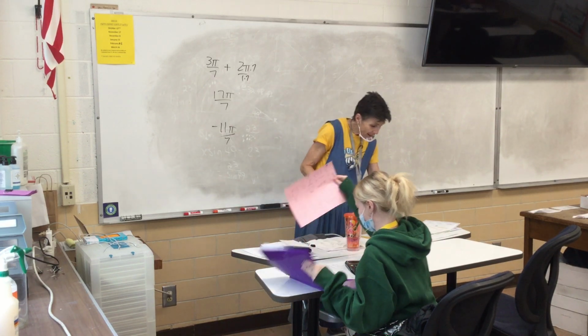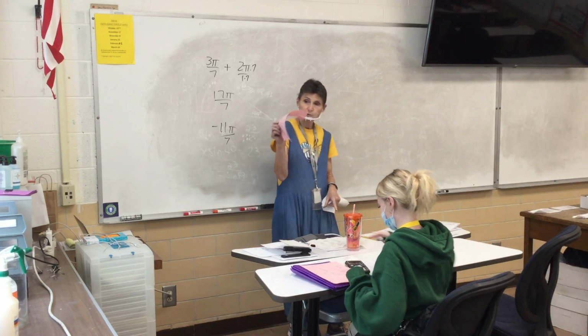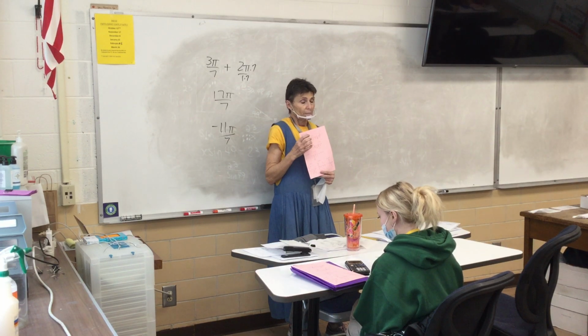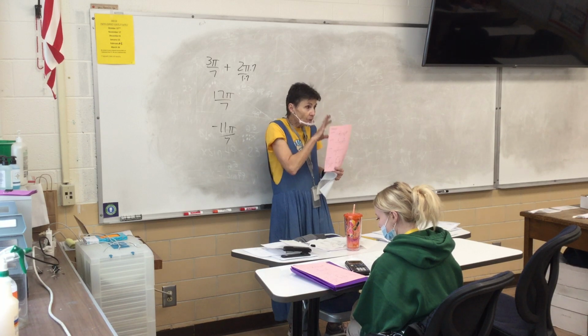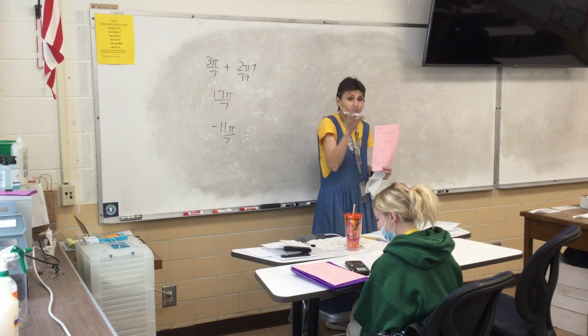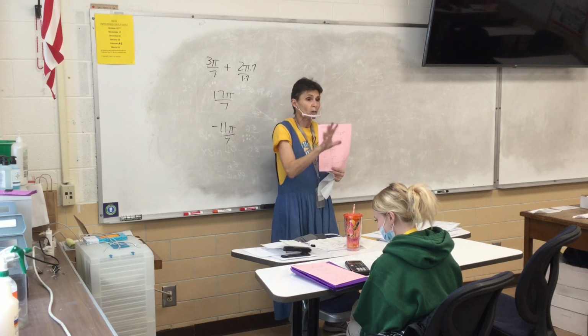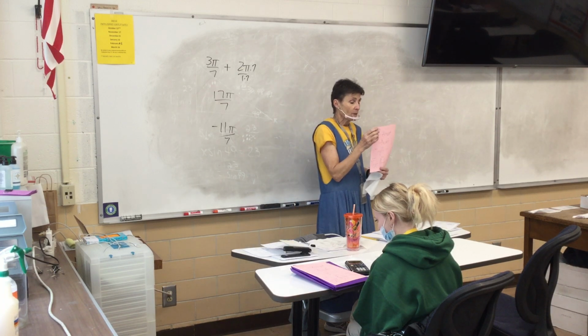And on the back of your colored sheet are the basic graphs, the unaltered BFF graphs for sine and cosine and tangent. But this section's only sines and cosines. Okay?